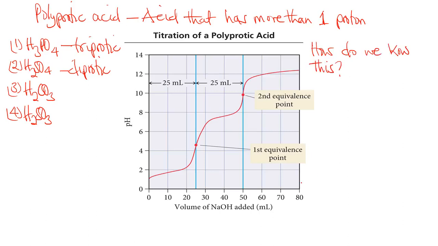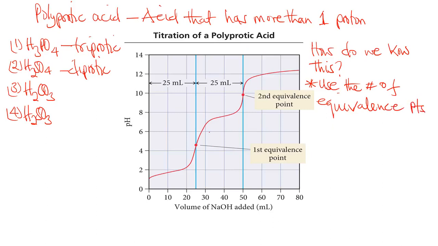We are going to know that our graph is polyprotic, actually diprotic or triprotic, by the number of equivalence points.